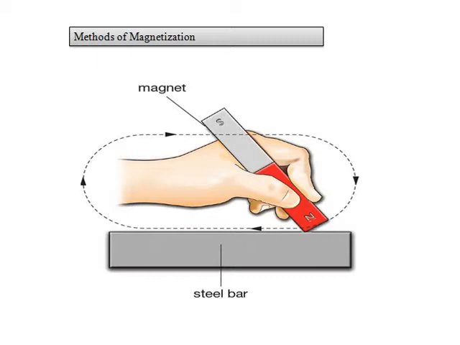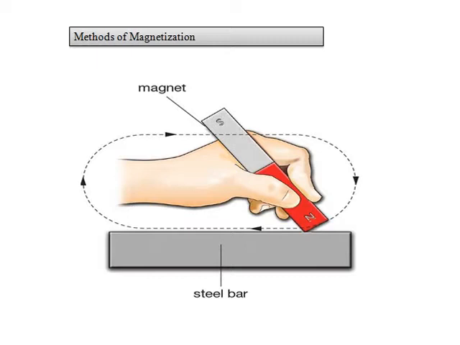Now you have to stroke the steel bar with the help of the permanent magnet continuously, and after a certain interval of time you will see this steel bar behave like a magnet. It is a time-taking process, because steel is difficult to magnetize.